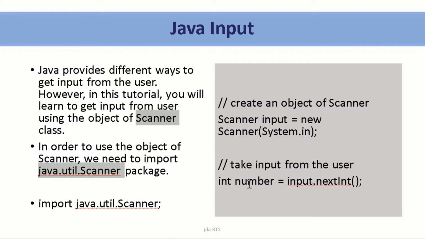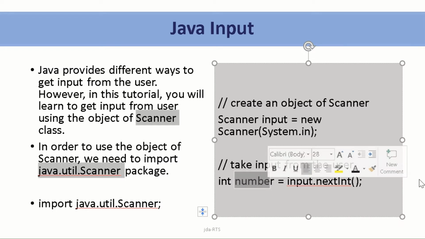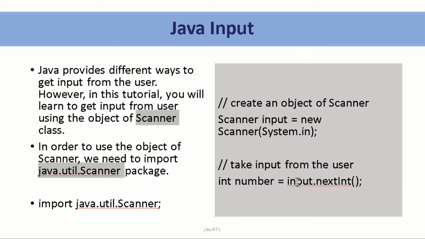So we have int number equals input.nextInt(). If you are asking the user for input which is a number, then the method you are going to use for accessing a number from the user is nextInt. It follows that you will also have nextLong, nextByte, nextFloat, nextDouble, next for strings, and so on.